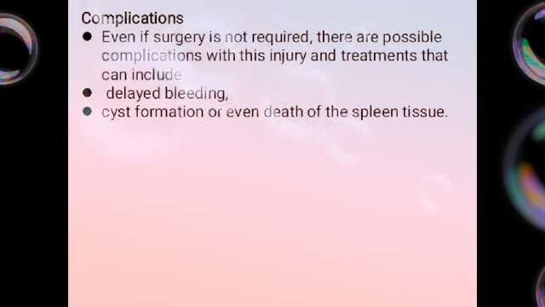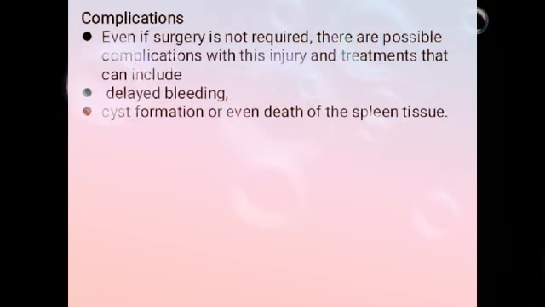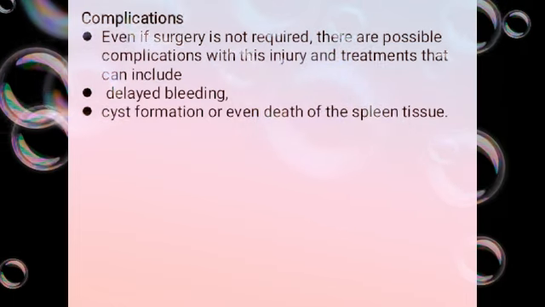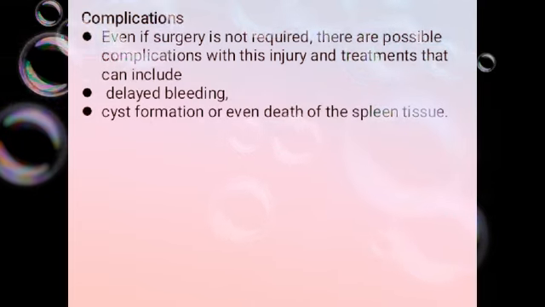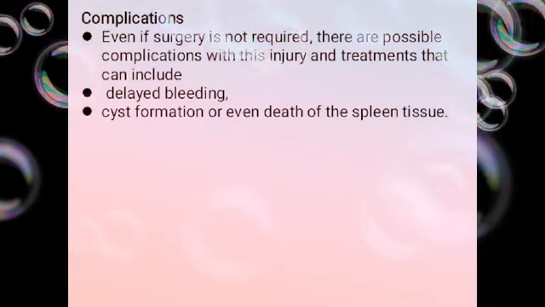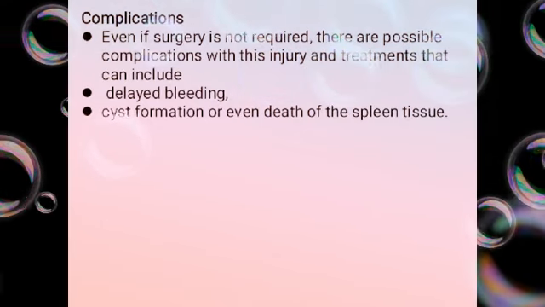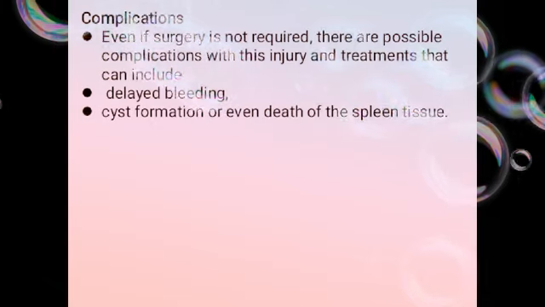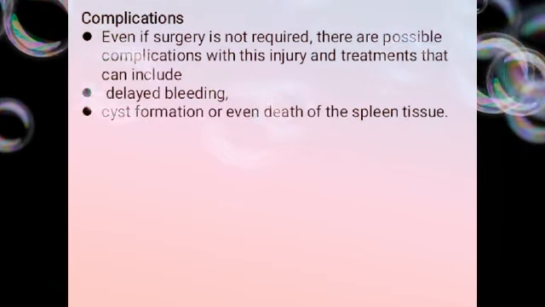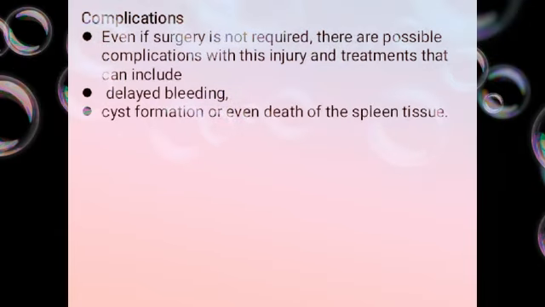The possible complications that can be seen in an instance of a ruptured spleen include complications of surgery that can arise, like delayed bleeding. There will be bleeding that can lead to hemorrhagic shock and other abnormalities like anemia, tachycardia, and hypotension, all those problems that we have talked about, which will come as complications.